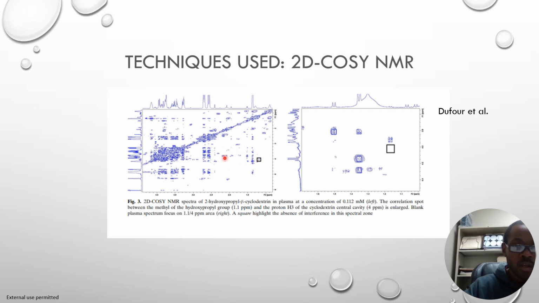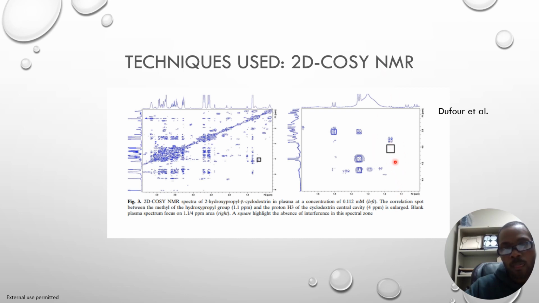Right here is the correlation spot between the methyl of the hydroxypropyl group at 1.1 parts per million and the proton H3 of the cyclodextrin central cavity at 4 parts per million, this region here. Now, if we look over here to the right, this highlighted part, the square highlights the absence of interference in this spectral zone.